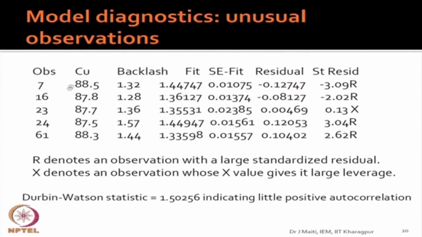From the input x point of view, copper is making almost all of them influential. The first one is R, which denotes large standardized residuals, and X denotes observations whose x value is large leverage.